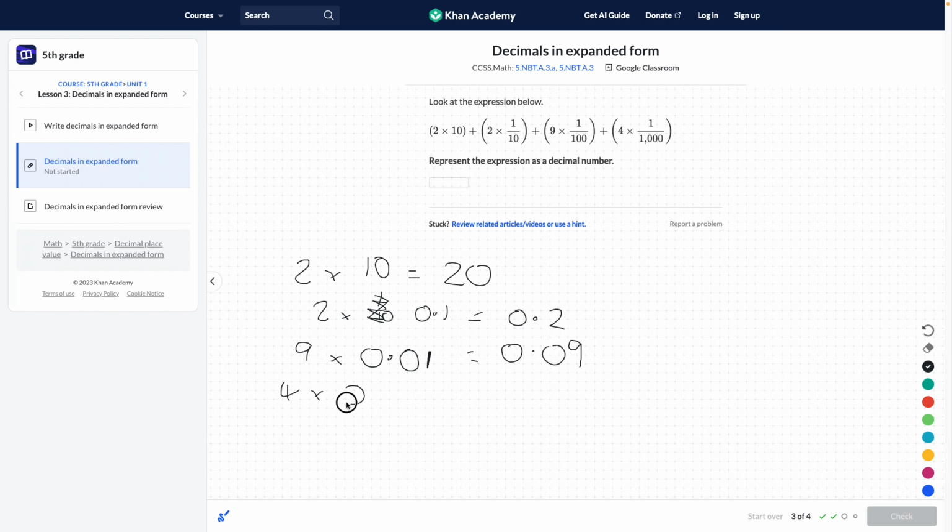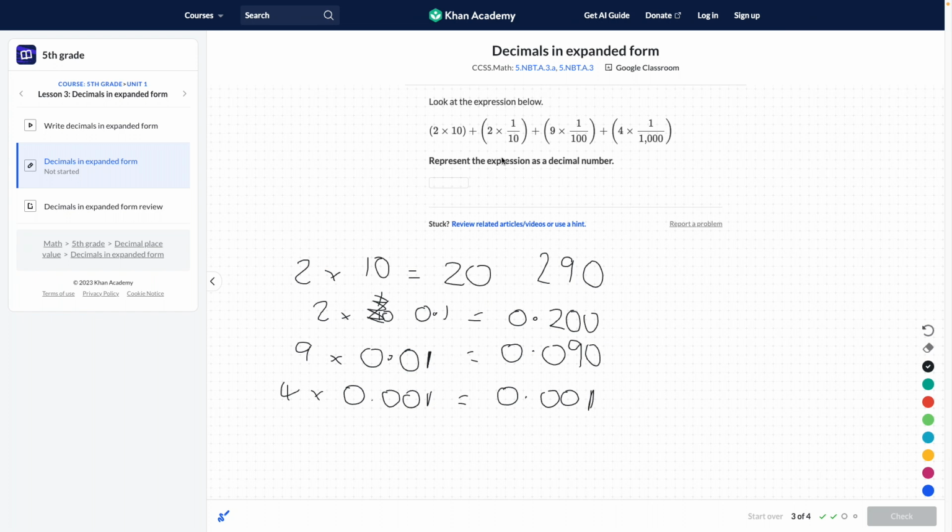So 4 times 0.001 is equal to 0.004. All right, so we can now basically just go back up. So 1 plus this is 0. So plus 0, 0 is going to be 0. And then 0 plus 9 plus 0 is 9. And then 2 plus 0 plus 0 is 2.